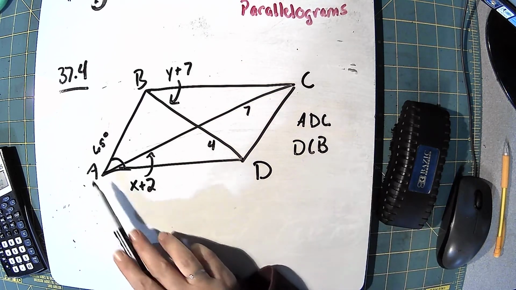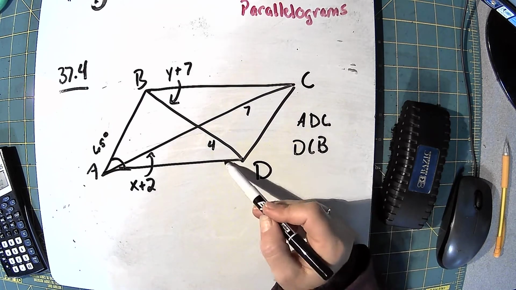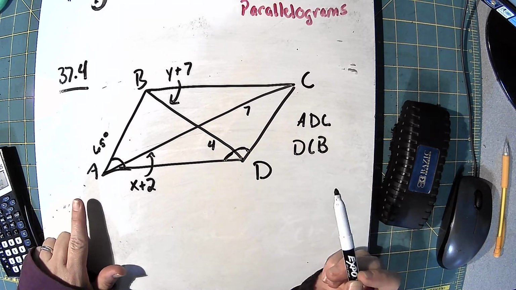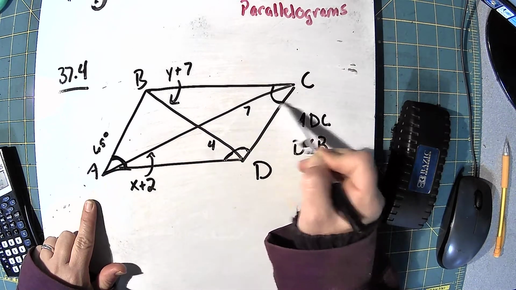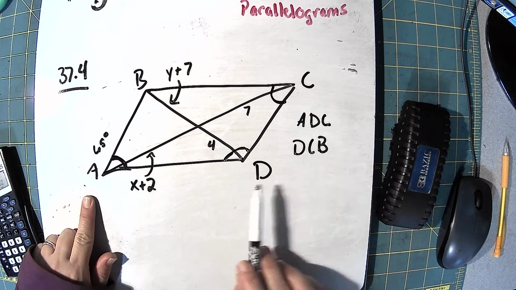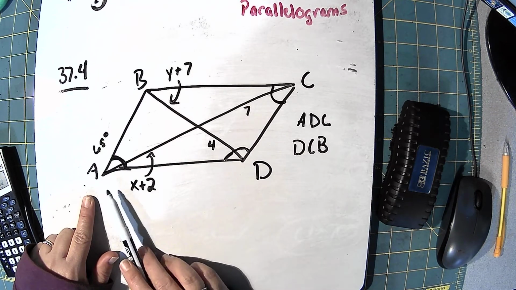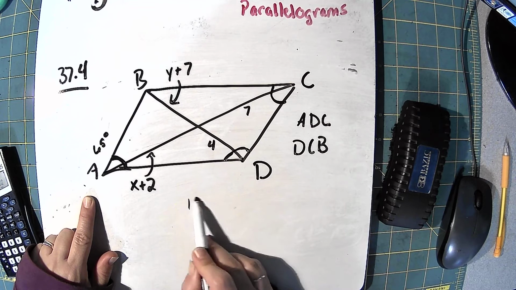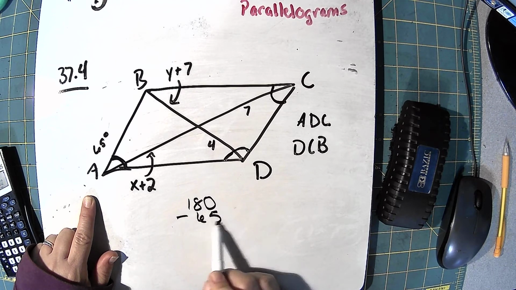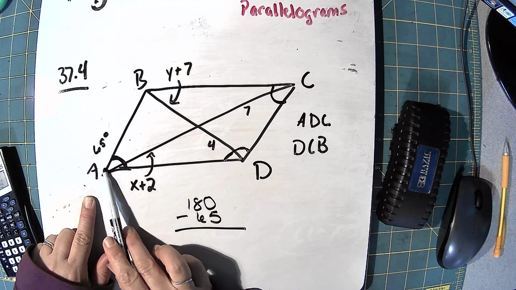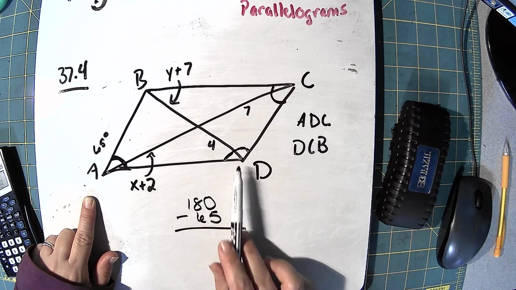All right, ADC is going to be this angle here. So we know that adjacent angles equal 180. This angle is going to be equal to that angle, right? But A and D are going to equal 180. So if we have 180 minus 65, right? So this one plus this one has to equal 180.